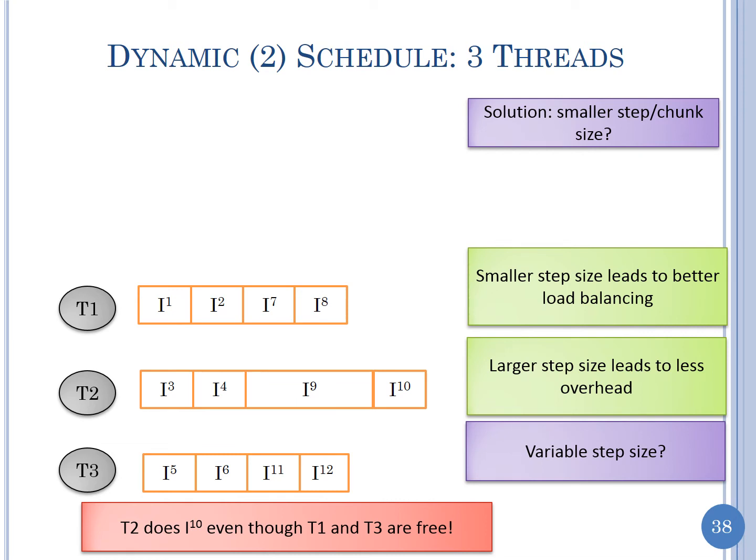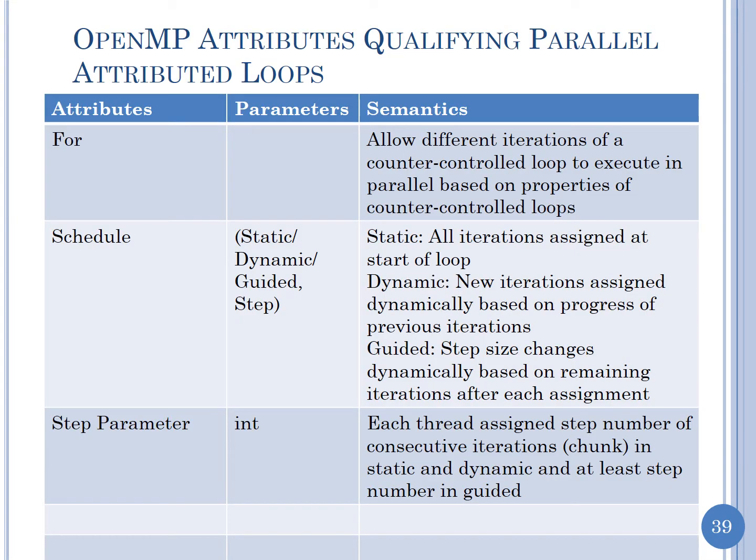So how about a variable step size? As threads get out of sync, let's reduce the step size gradually. And so that's called guided. It should be dynamic square or dynamic plus plus, but it's called guided.